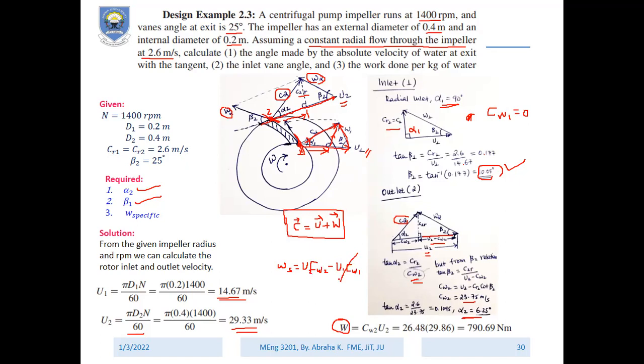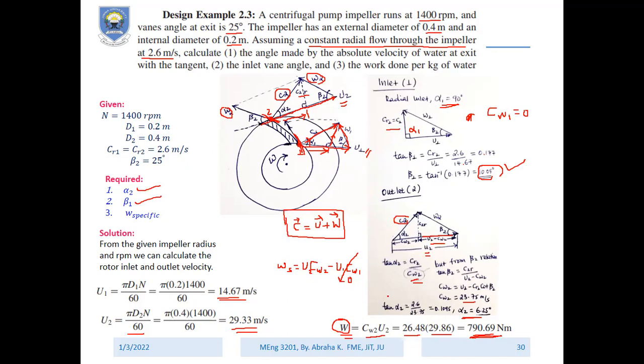Now we have this component to be 0, and simply the specific work becomes CW2 multiplied by U2, and we have CW2 from this to be 26.48, and we have also the U2 to be 29.86. Now we have this value for the specific work.